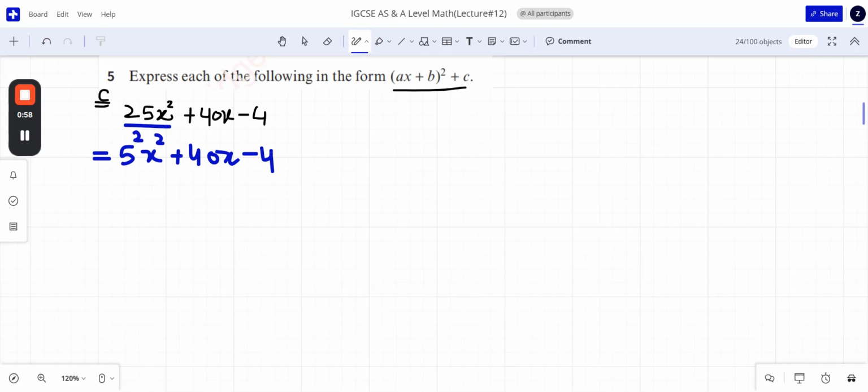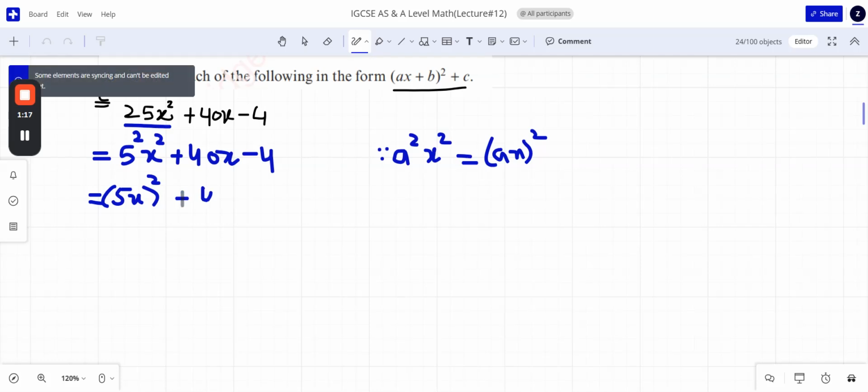After that, remember when you have the square of two values like a square and x square, we write ax whole square. So now it becomes (5x) whole square, then plus 40x and minus 4.